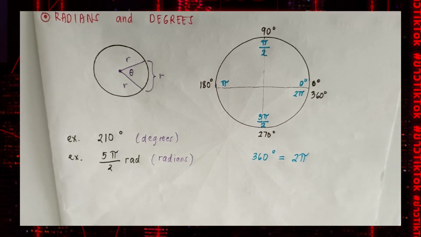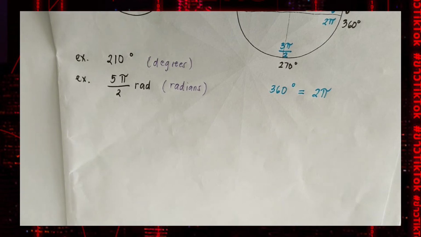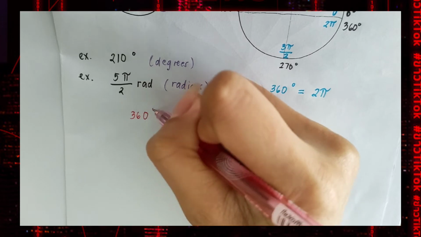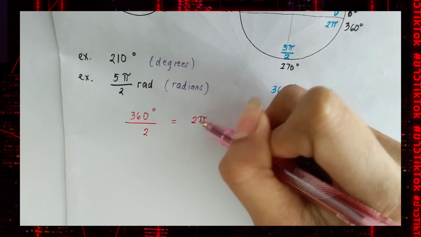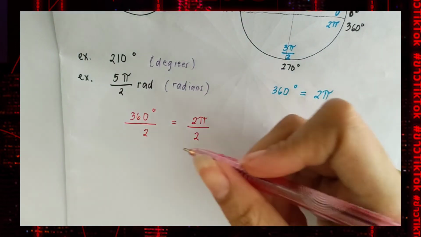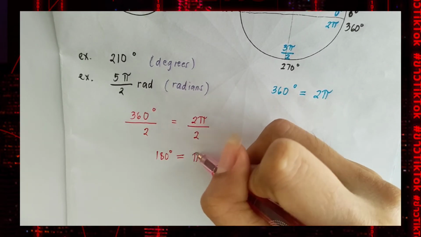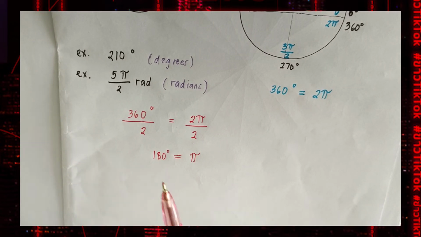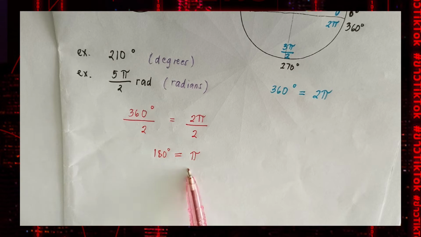So 360 degrees divided by 2 equals 2 pi divided by 2. And we know that 180 degrees is equivalent to pi, because half a circle is 180 degrees, or pi.